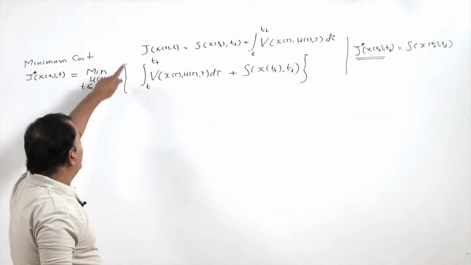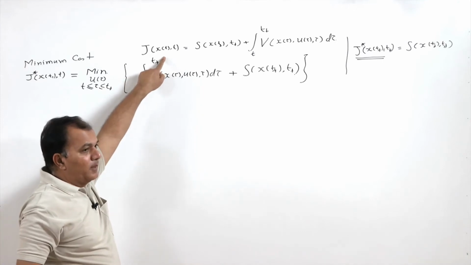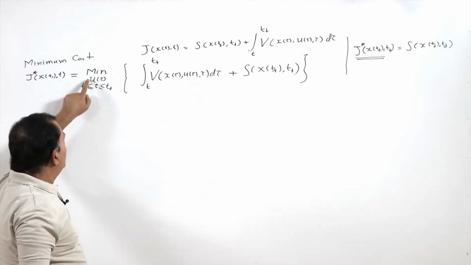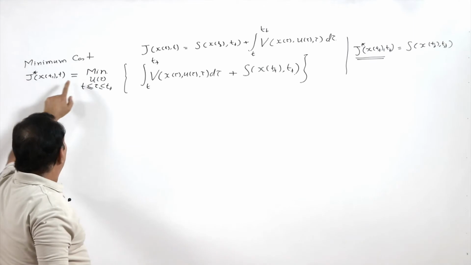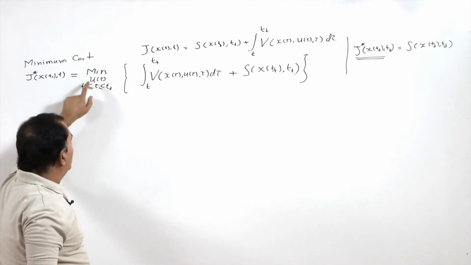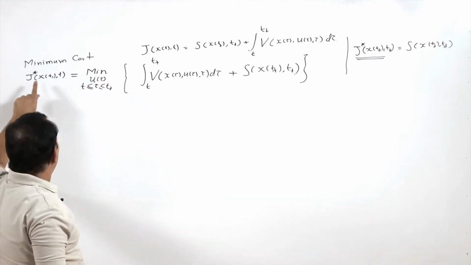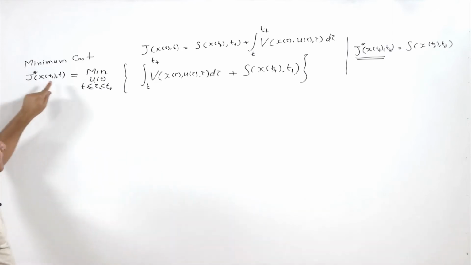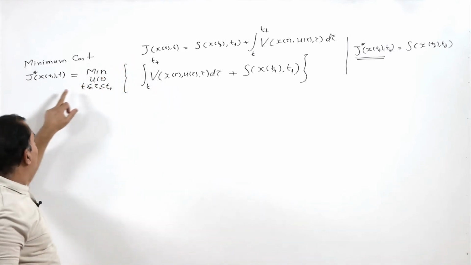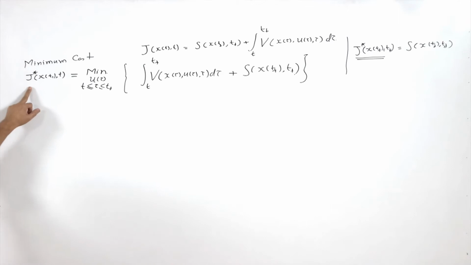This means I have to minimize this objective function with respect to u tau, because my objective is to find the optimal value of u, so that this function gets minimized and I get the minimum cost as J star.